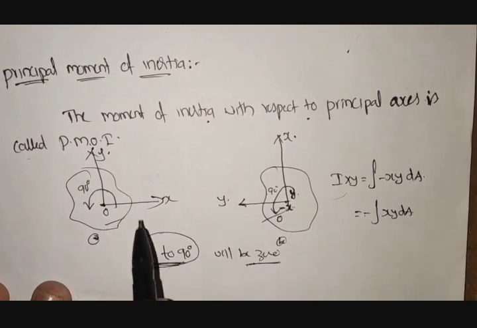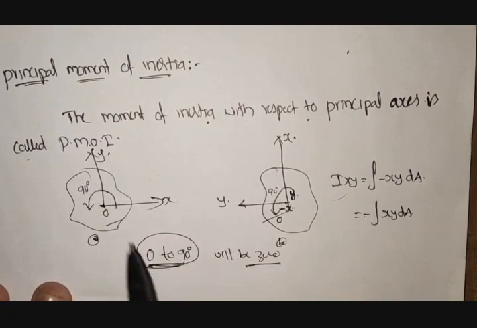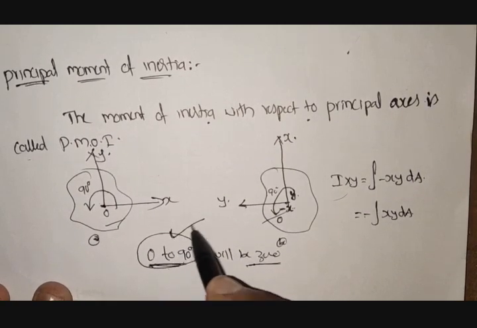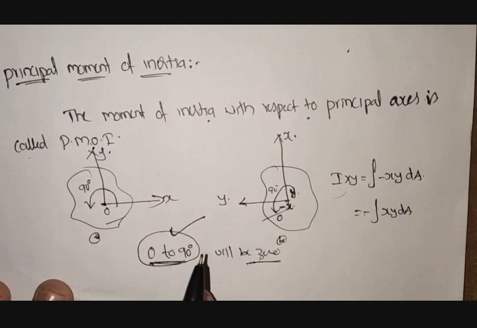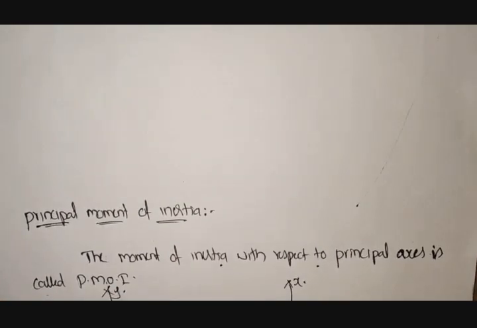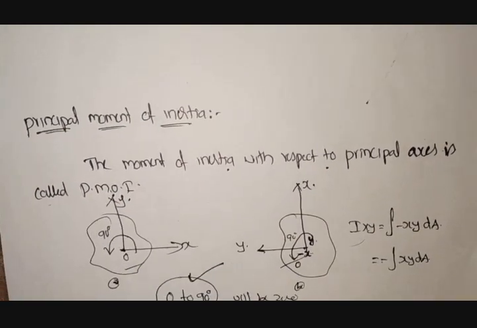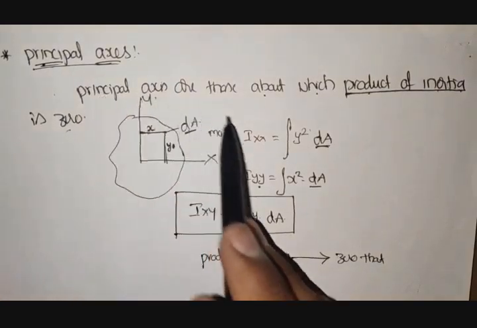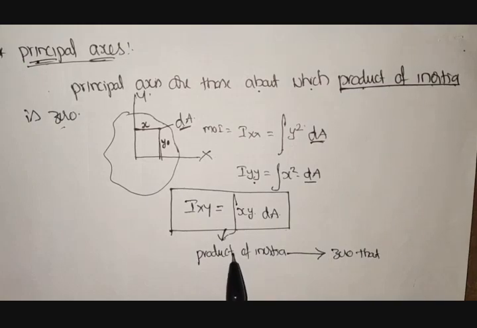And the moment which is generating in between these axes, between 0 to 90 degrees, that is known as principal moment of inertia. Clear? So principal axis is where the product of inertia is 0.